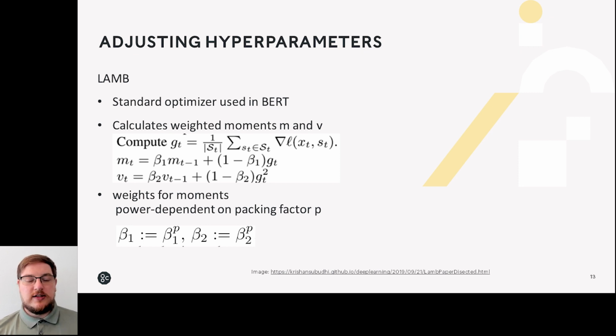And we realized that there's a very simple heuristic to actually adjust them. Therefore, we need the packing factor. Packing factor means how many sequences are on average combined in one new packed sequence. So we take this packing factor and just take the weights to the power of this packing factor.